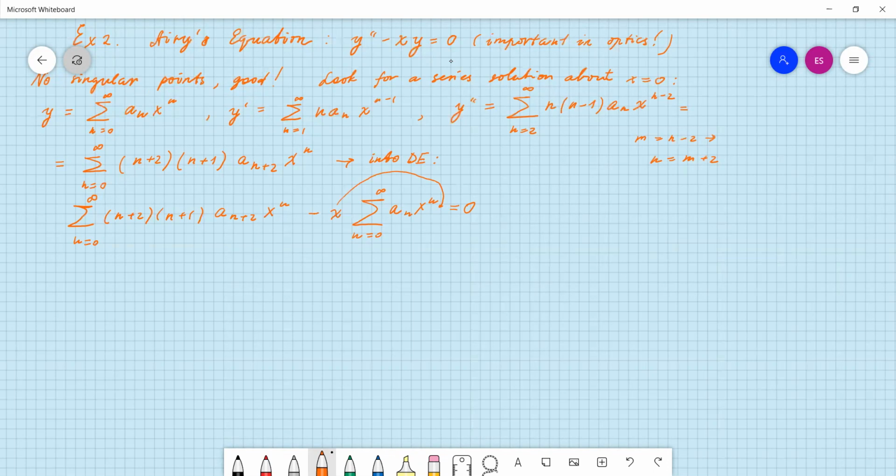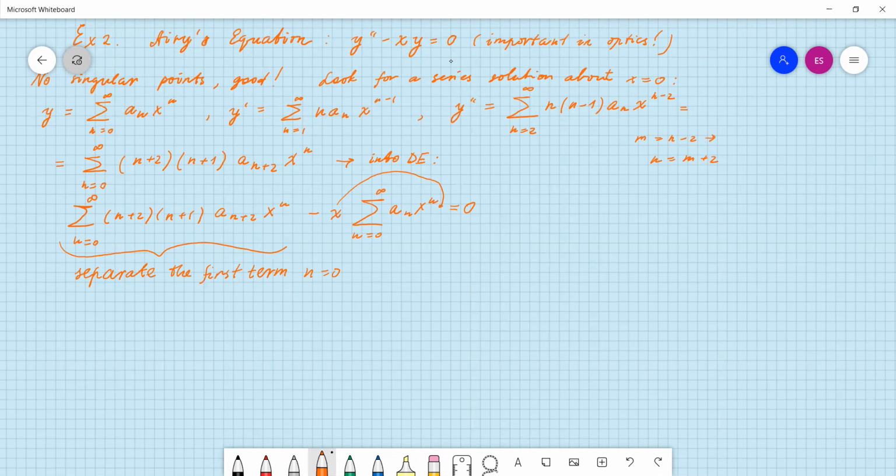For the first series, for this one, I want to separate the first term, n equals 0. And for the second, I'm going to bring x in. Well, I don't want to shift the index one more time, so I won't have all indexes starting at the same point.